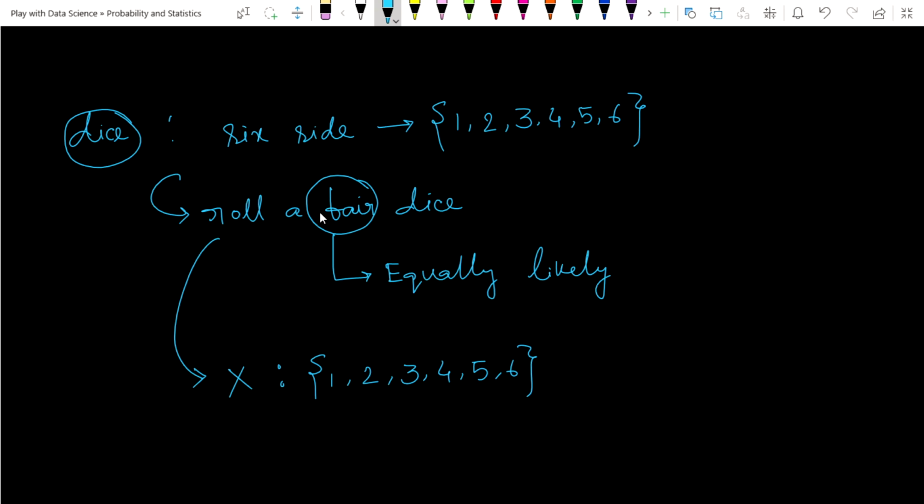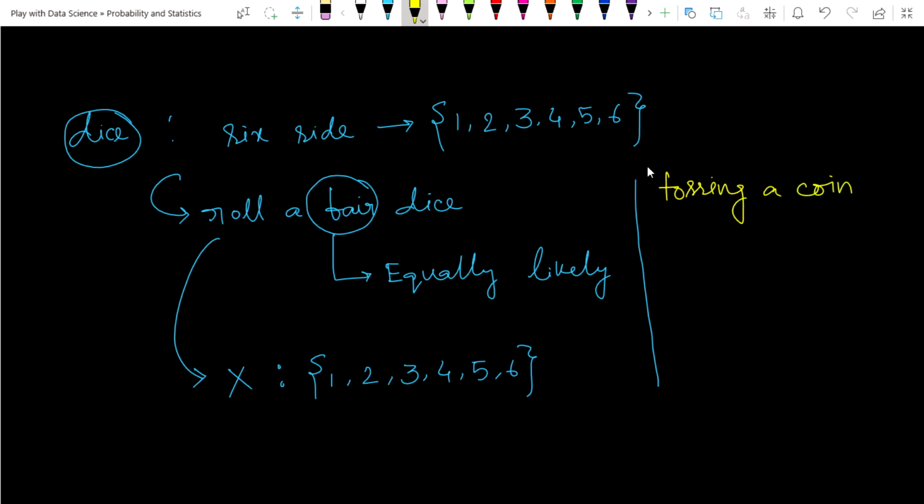The experiment that we have done using the dice is called the random variable. I'm taking a simple example. Let's take another kind of example: tossing a coin.